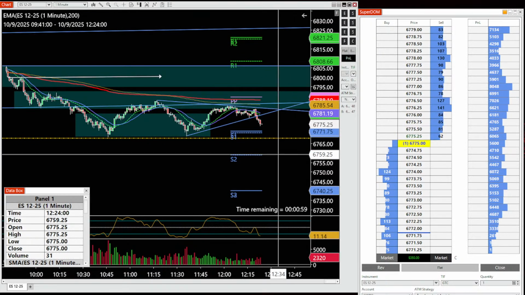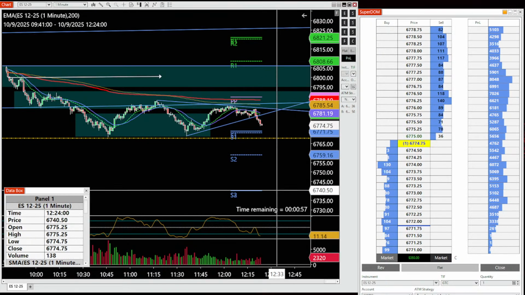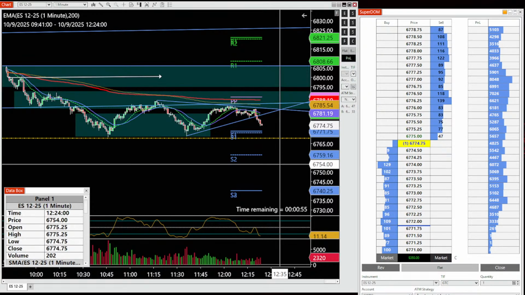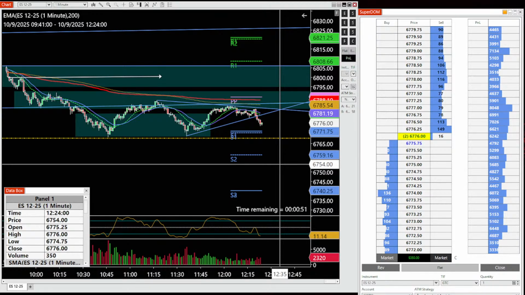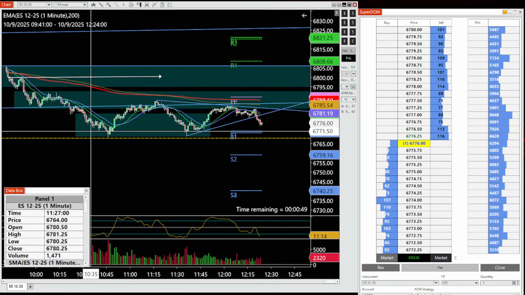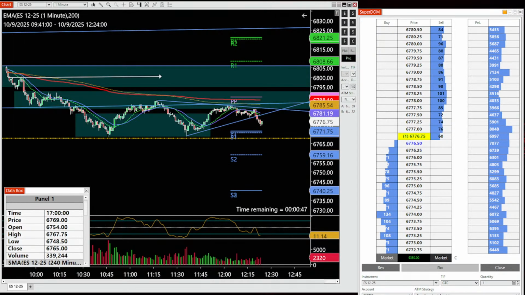We're looking at 60, S2 and S3 possibly. And that will be a ride.